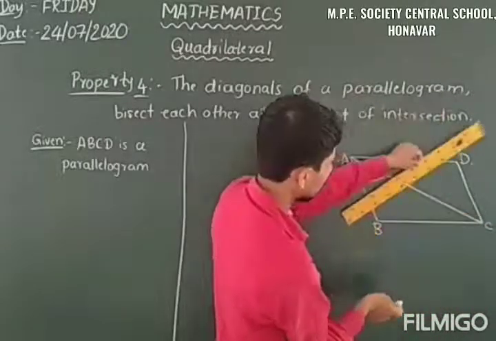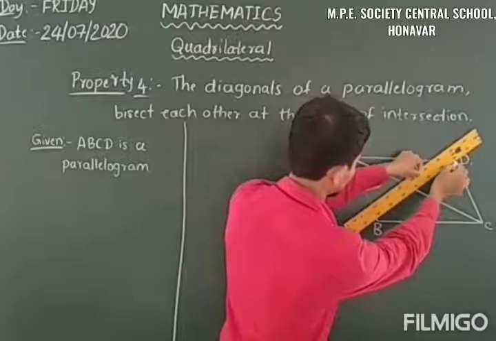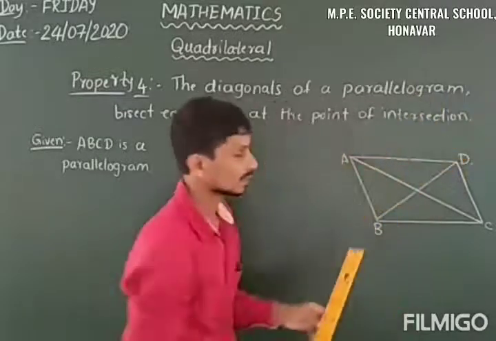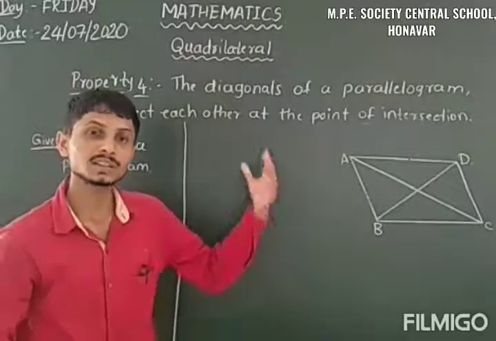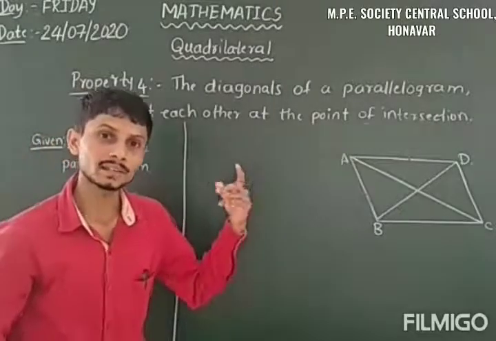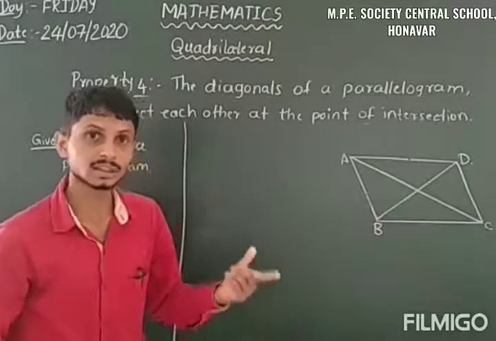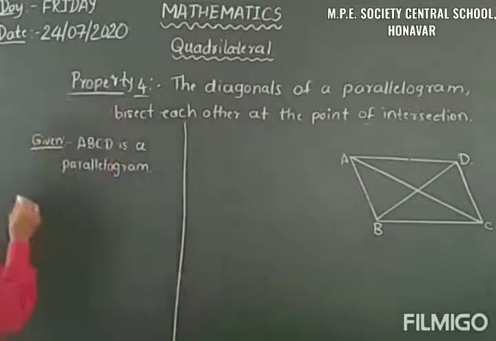These two are diagonals. I will write here. So this is about construction. Firstly we write the given. After that we construct the diagonals of a parallelogram, and we must insert that in the construction part. That is construction.